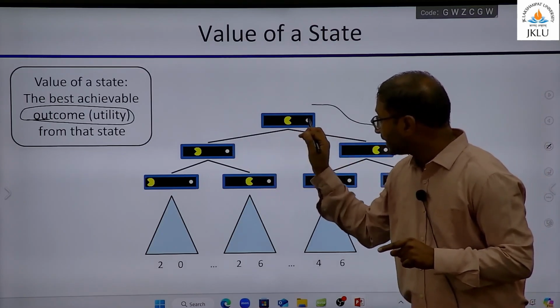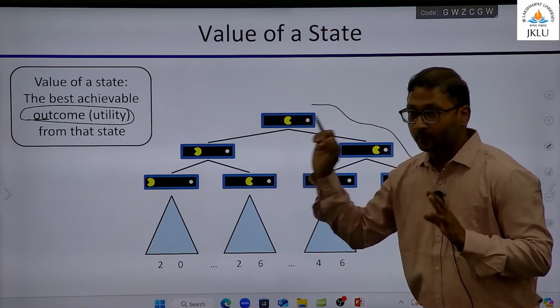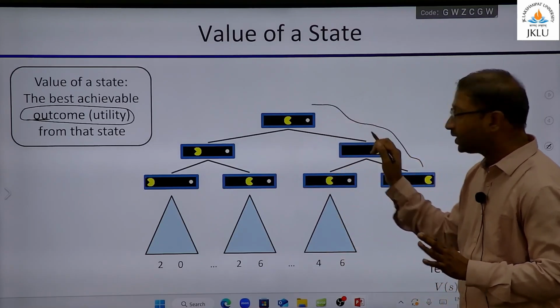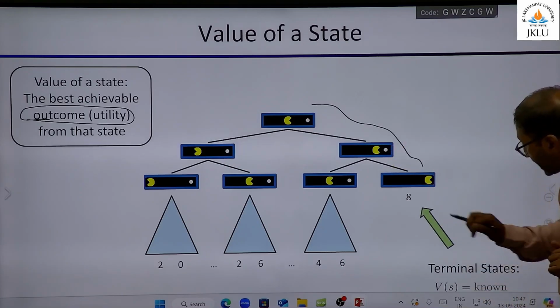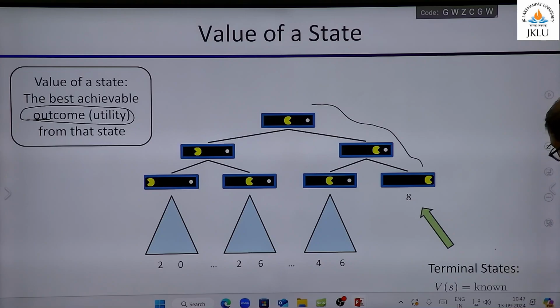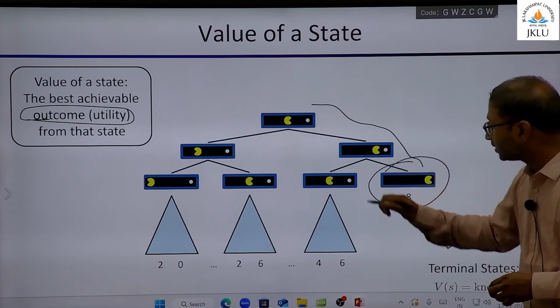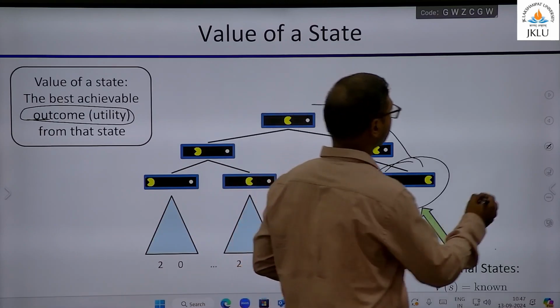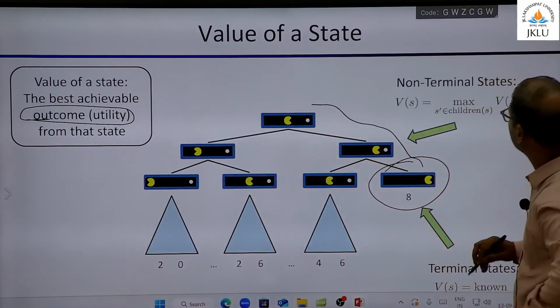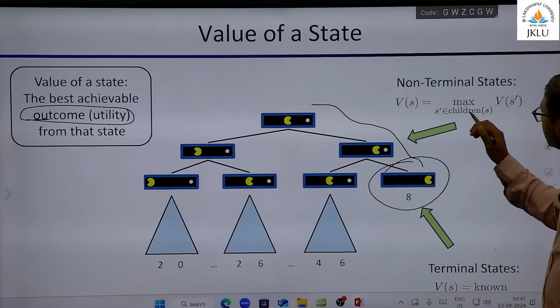Of course, you will get this one through other things too, but that will not be the best achievable way for this one. These are the terminal states. What are the terminal states? Where your game stops. Okay. Non-terminal states. What is this guy?